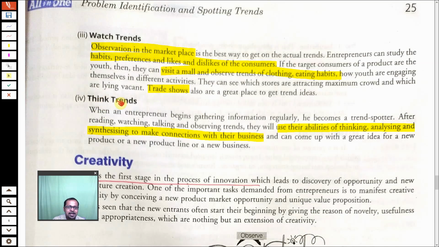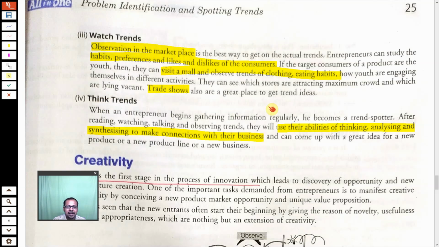So thinking trends, these are the people, those who have vision. Narayan Murthy and all those persons actually thought that India is having many software professionals and there is a good scope for software exporting. So hence they started IT companies, and the result we know, India is the leader in IT services.